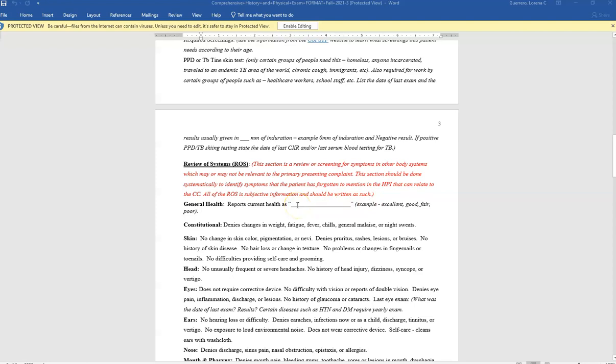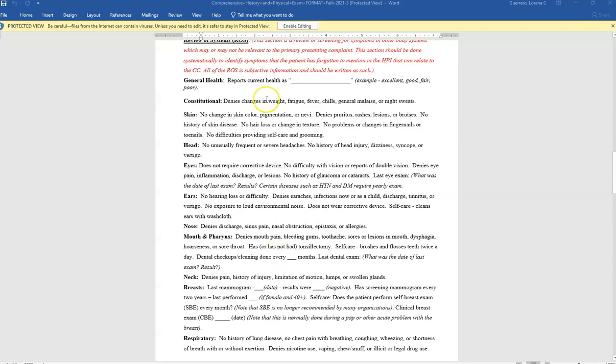Or in the case of the H&P, that the provider will actually be noting. Maybe not addressed at this visit, but at some point, if there's something abnormal here, we'll have the patient eventually come back for some other visit.